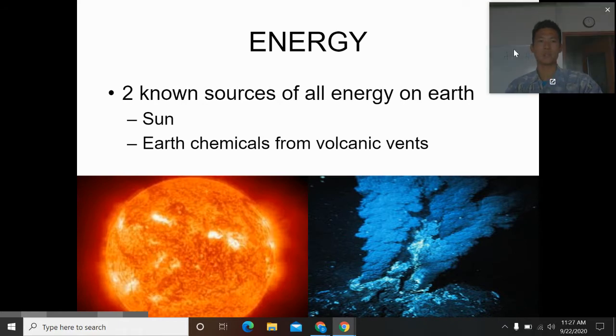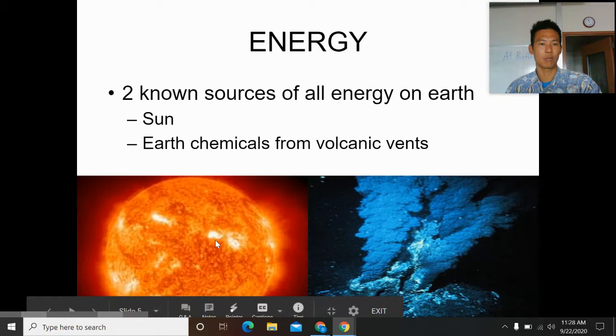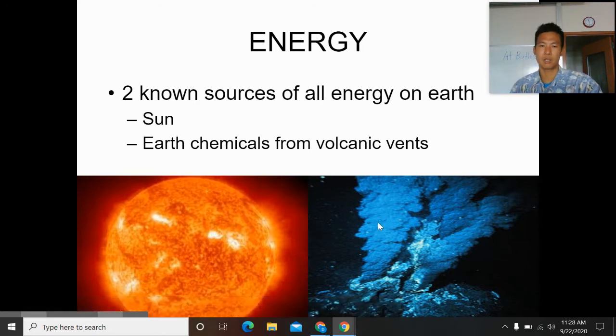All the energy on this planet comes from two sources. Of course, you know the main source is from the sun. What you may not know is that there are whole entire ecosystems on the bottom of the ocean that do not rely on energy from the sun.